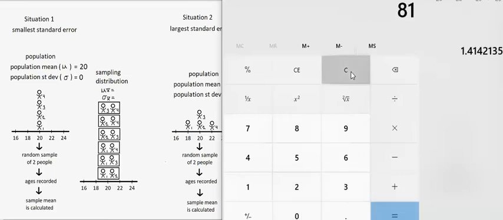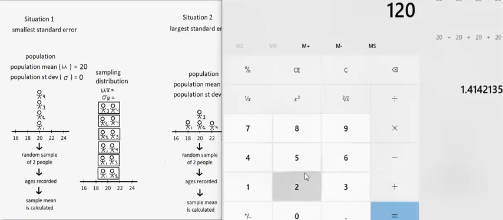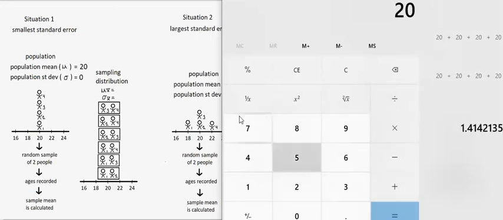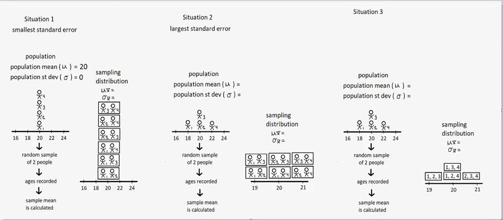Well, they should add up to 120. So let me try it again. I made a mistake somewhere. Right, and then divided by 6 because there's 6 of them. So yeah, the mean of the sampling distribution is 20. So I'll put that right here.